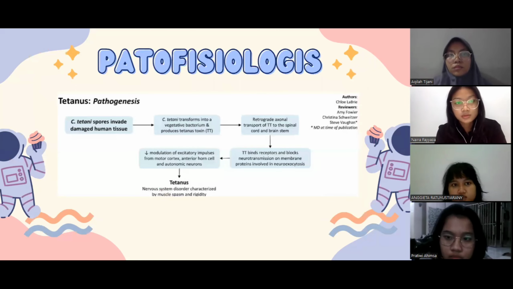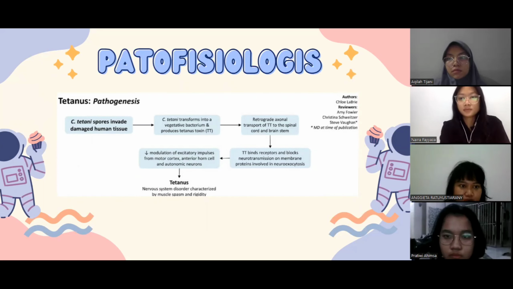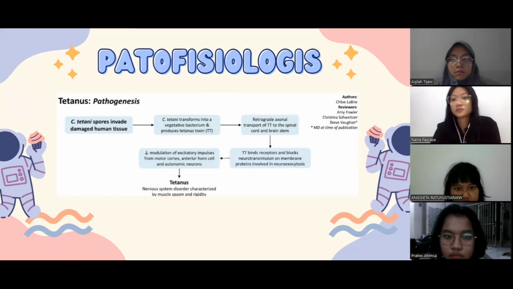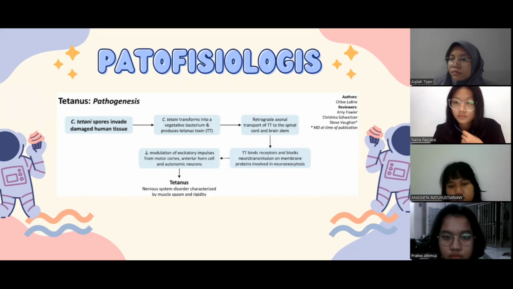Next I want to tell about the pathophysiology of tetanus. The first is Clostridium tetani: its spores invade damaged tissue, in this case damaging the host tissue. Then Clostridium tetani transforms into a vegetative bacterium and produces tetanus toxin, or TT.